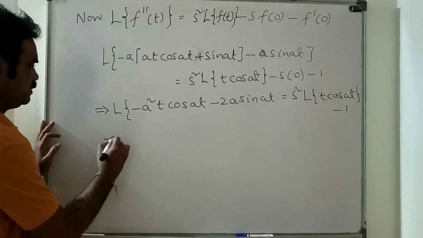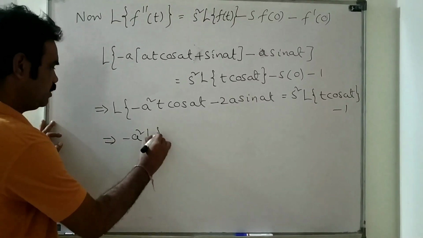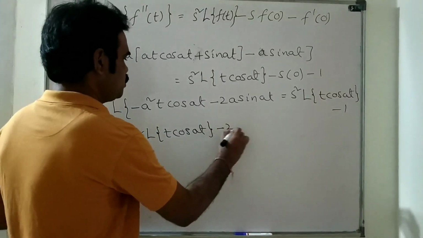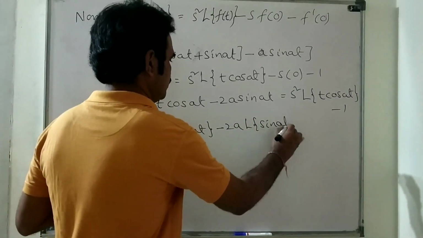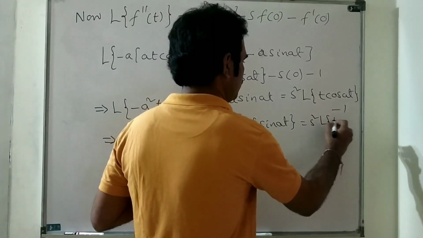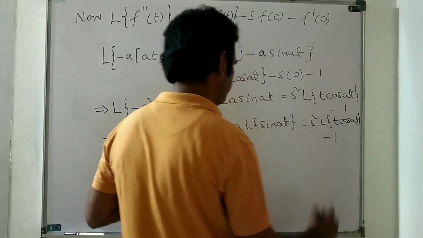That implies, by the linear property, minus a² into L of t cos at minus 2a into L of sin at is equal to s² into L of t cos at minus 1.